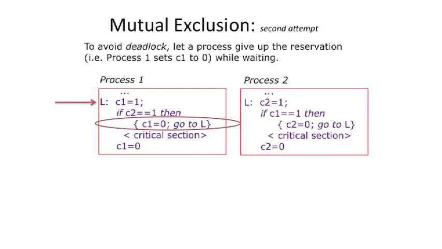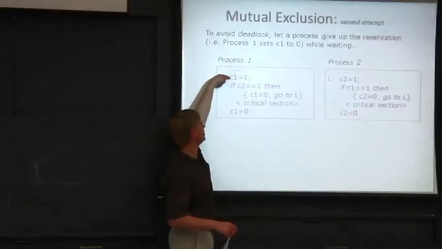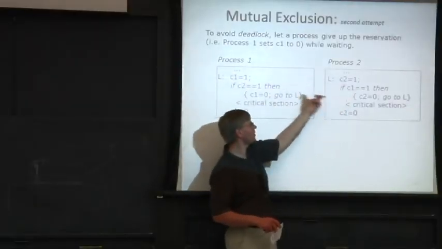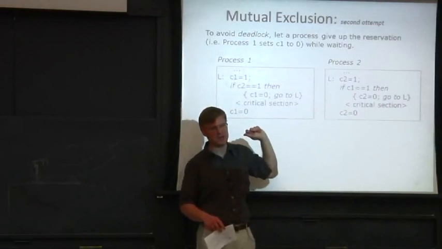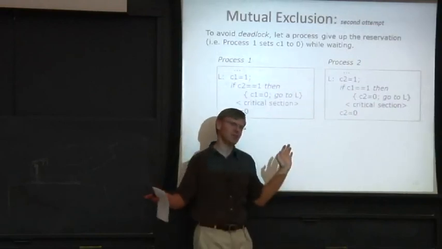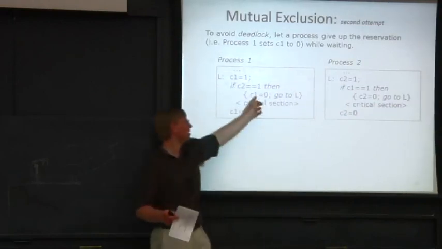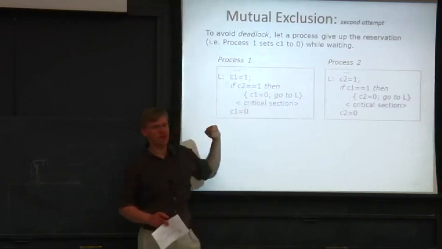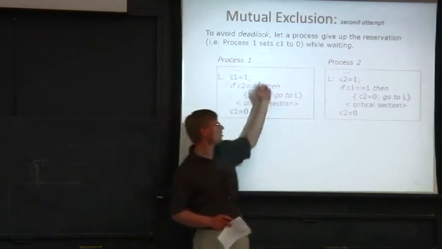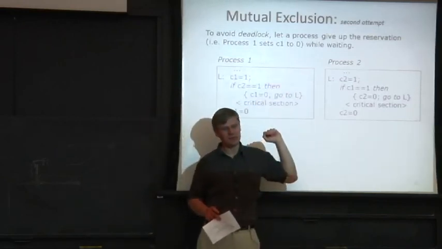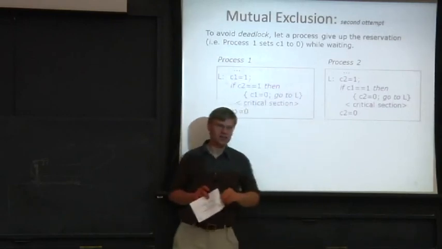Well, this looks a lot better. We're not going to get any deadlocks here, I don't think. Because let's say we interleave these things: C1 sets to 1, C2 sets to 1. They both do the check at the same time. They both say, oh, the other one grabbed it, I'll release my variable, set it to 0, and loop back around. So we don't deadlock here.